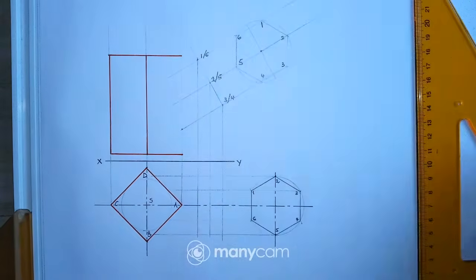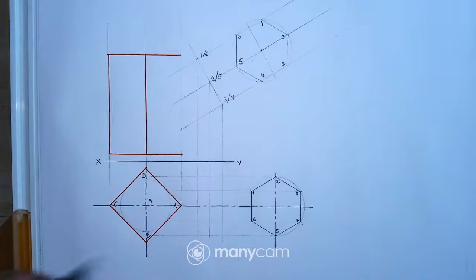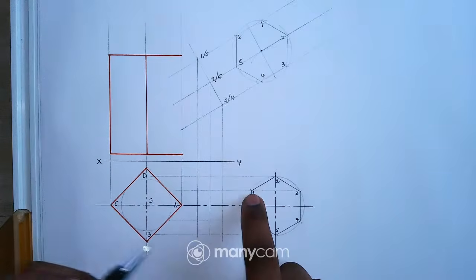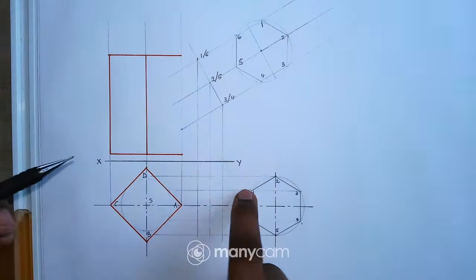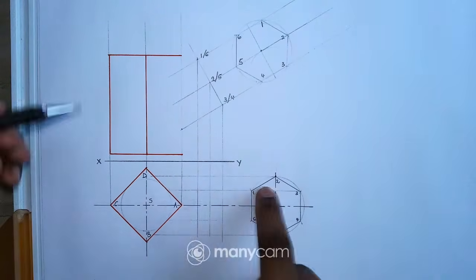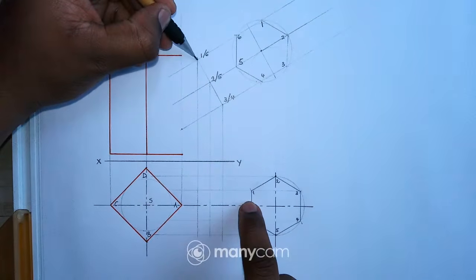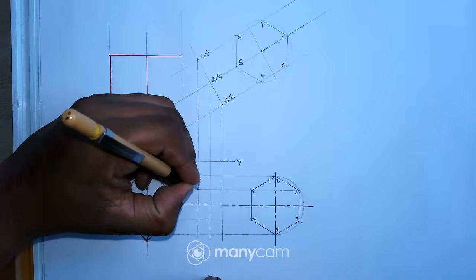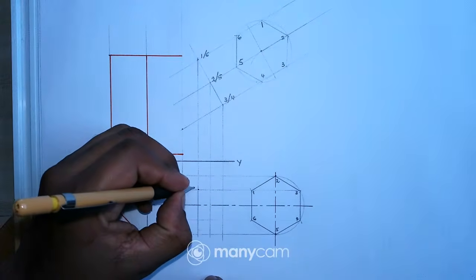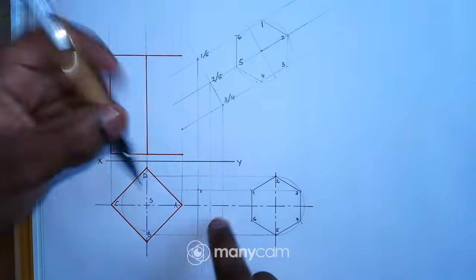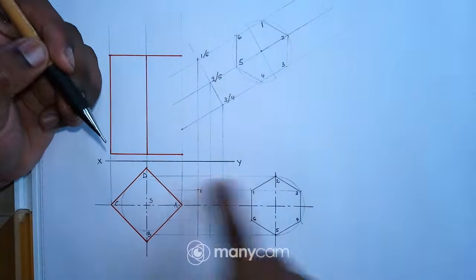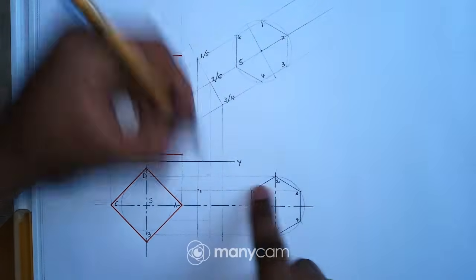Okay, so I'll start with point 1. I have 1 here, that means this line. I have 1, and then there, where is 1 from the front view? 1 is there, that means I have a point there, right? This is point number 1. 2 is there, where is 2 from the front? 2 is there, I have a point there.